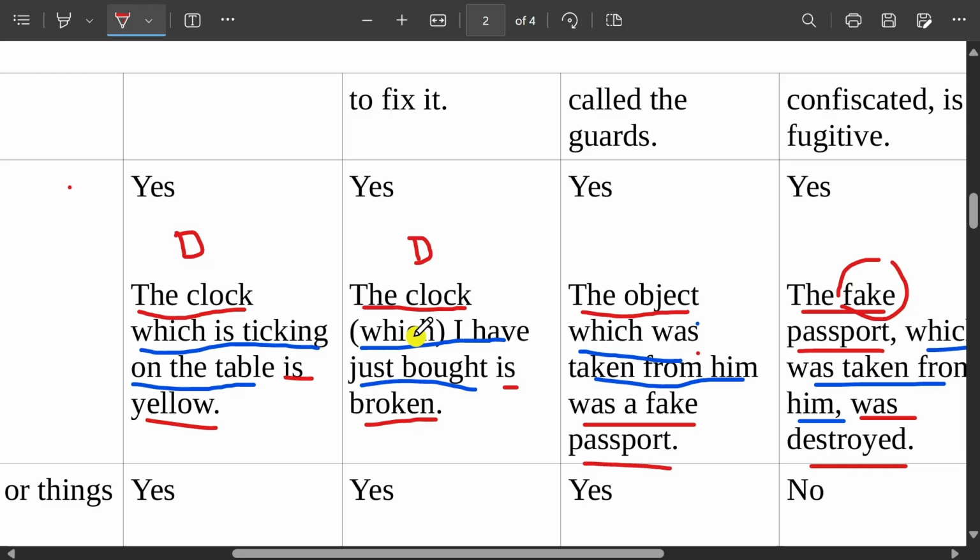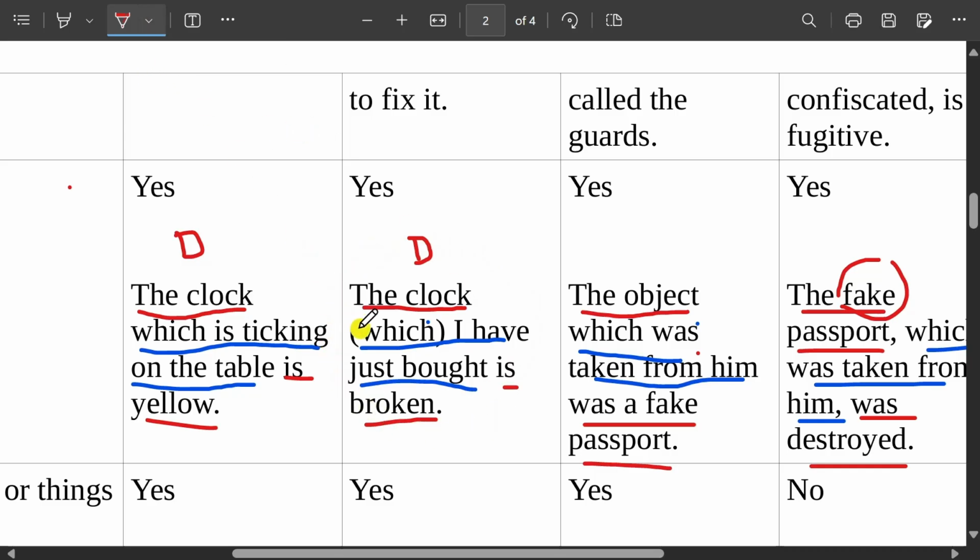So this which, as the object of a defining relative clause, can be elided. So you can perfectly say the clock I have just bought is broken. And that's very common actually. The clock I have just bought is broken. So get used to this.